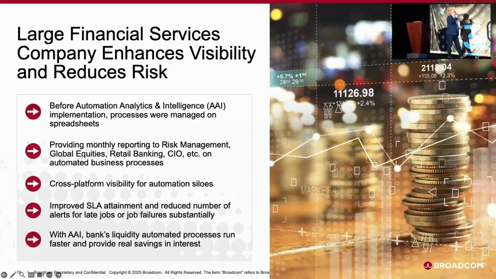Just to wrap up, I wanted to share a quick use case for one of our customers that moved to AI. They were running 50 to 60,000 jobs across multiple schedulers with 3 million executions a month. A huge environment.